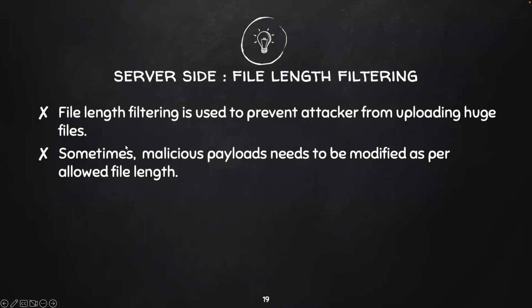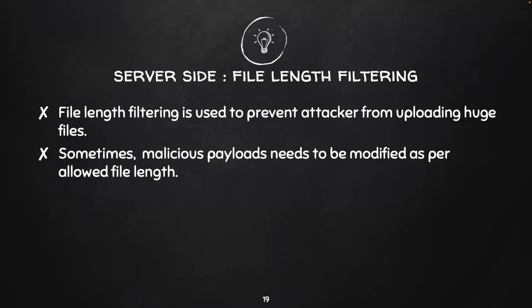Okay, so the next type of server side validation is file length filtering. When we try to upload a file, there is a possibility that malicious users may try to upload a very big file, which can lead to a DDoS type of attack. That's why a server basically tries to do file length filtering, so that an attacker will not be able to upload huge files.